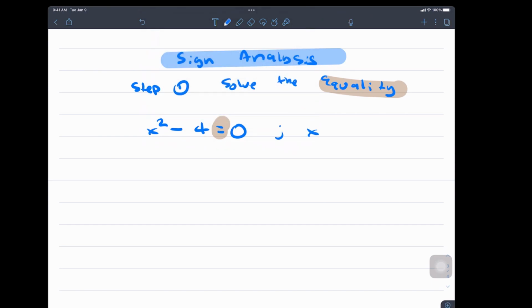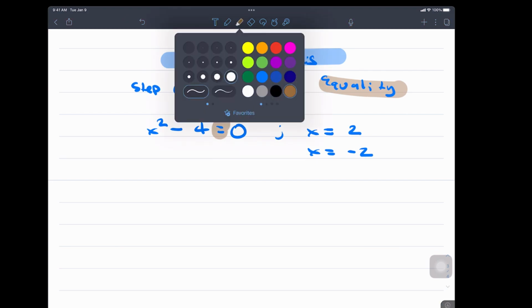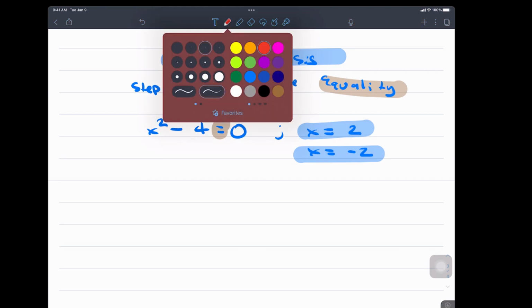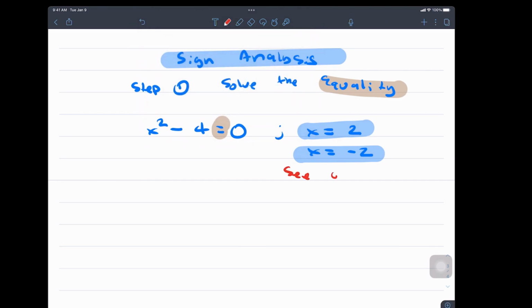What'd you get for x? X is what? Positive 2. X is what? Negative 2. Did you guys get those solutions? See your notes. See warm-up. We did this.